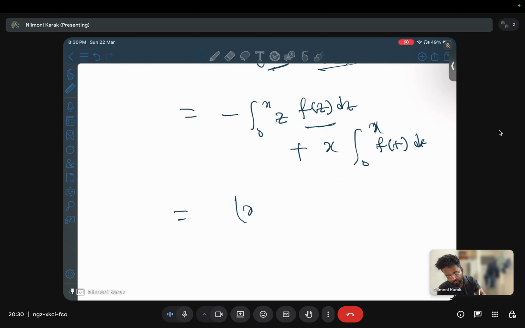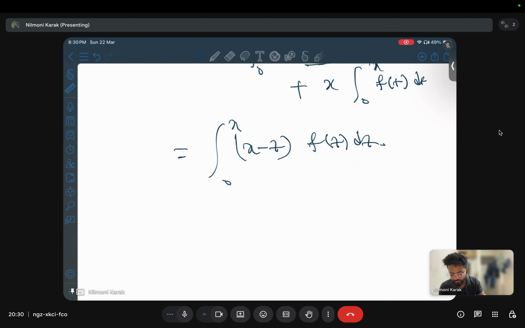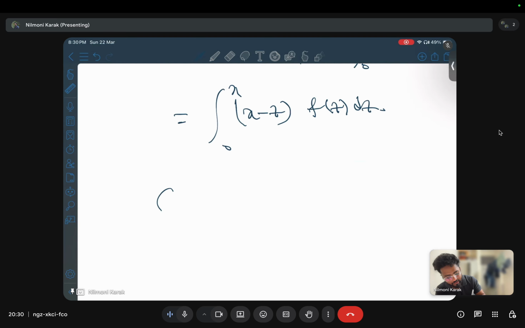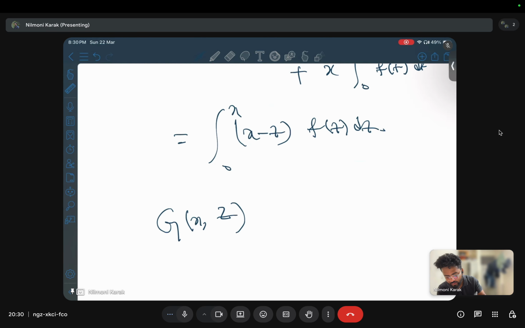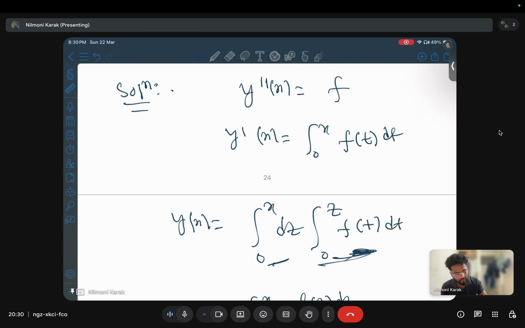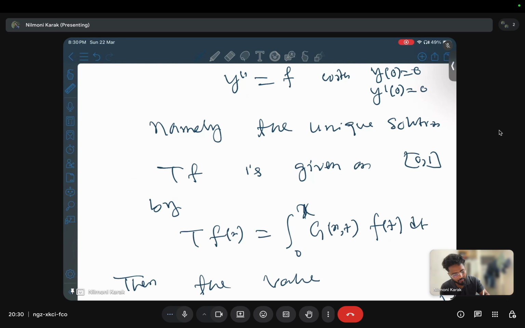So this is x minus z, integral from 0 to x of f(z) dz. I made a mistake.